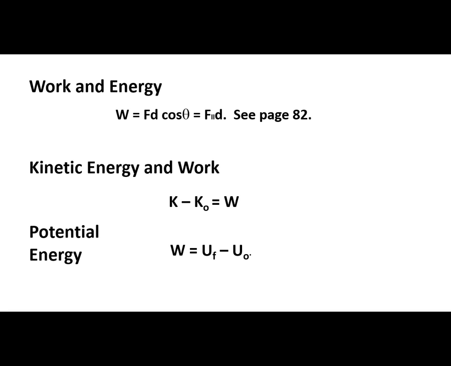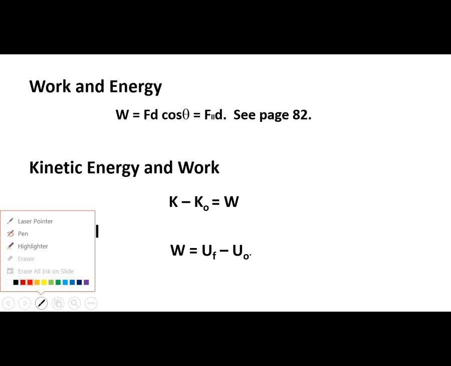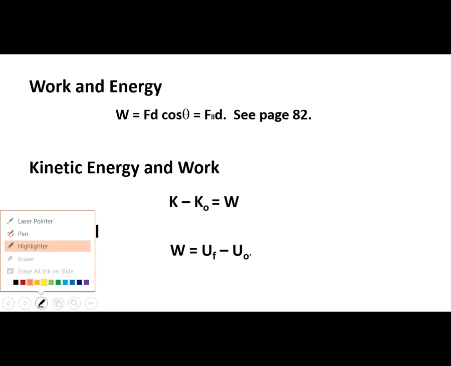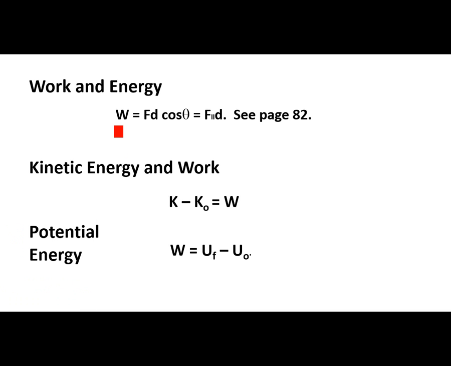As you can see in the formula right here, let's see if we can animate this a little bit. Here we go. I'd take a highlighter here, perhaps. Okay. Maybe a different color would be good. So in this formula right here, the force and the distance, d, may not necessarily be parallel.